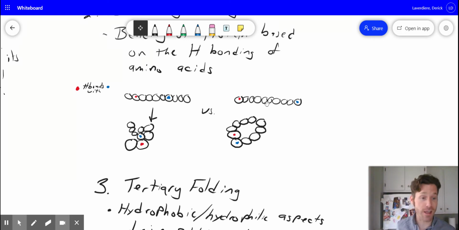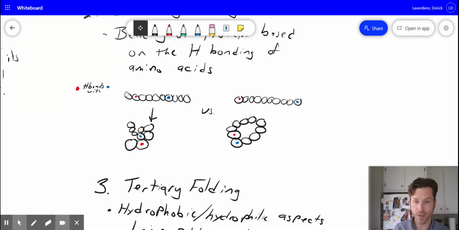And so each of these has the same amount of amino acids, right? But by altering the order in which the amino acids show up, we change the way in which the amino acids will bond with one another. So in this first model, I have a red amino acid and I have a blue amino acid. The functional groups of the red and blue amino acid make it so they want to hydrogen bond with one another.